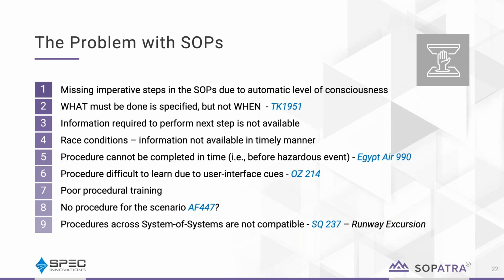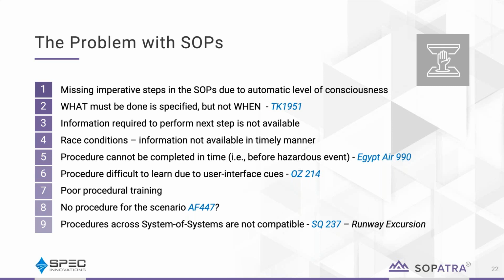Race conditions, where you've got information not being available in a timely manner. In other words, I need a time machine to make this work properly. And then procedures not being completed in time. Yeah, that's a big one. In fact, that's a really big one. And you can imagine, if you don't complete the procedure in time, usually something bad happens, and sometimes that can be loss of life, as it happened with the Egyptian air example that he's showing here.